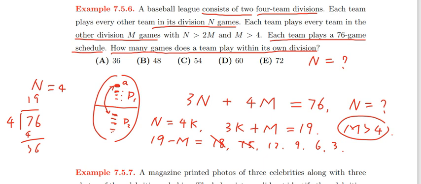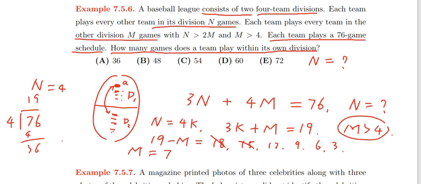Now let's check how about 12, 9, 6, 3. If 19 minus m equals 12, m equals 7, right?